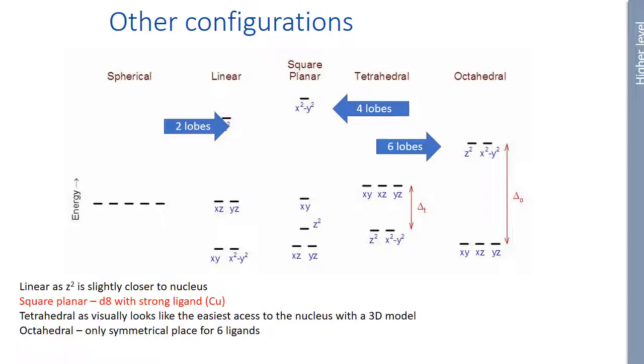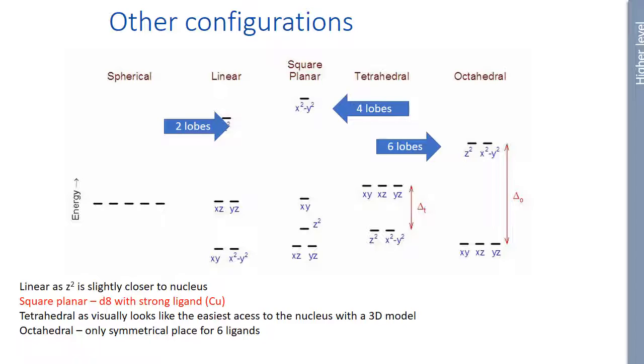So in terms of other configurations, linear is z squared, because it's going to get slightly closer to the nucleus. You've got square planar with d8, which we've already looked at, copper 2+. Tetrahedral visually looks like the easiest access to the nucleus with a 3D model, and octahedral is the only symmetrical place for 6 ligands.